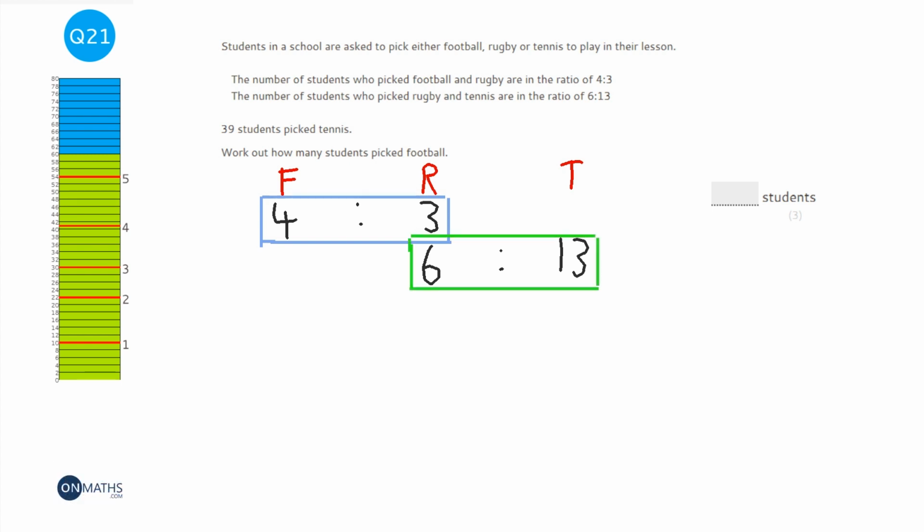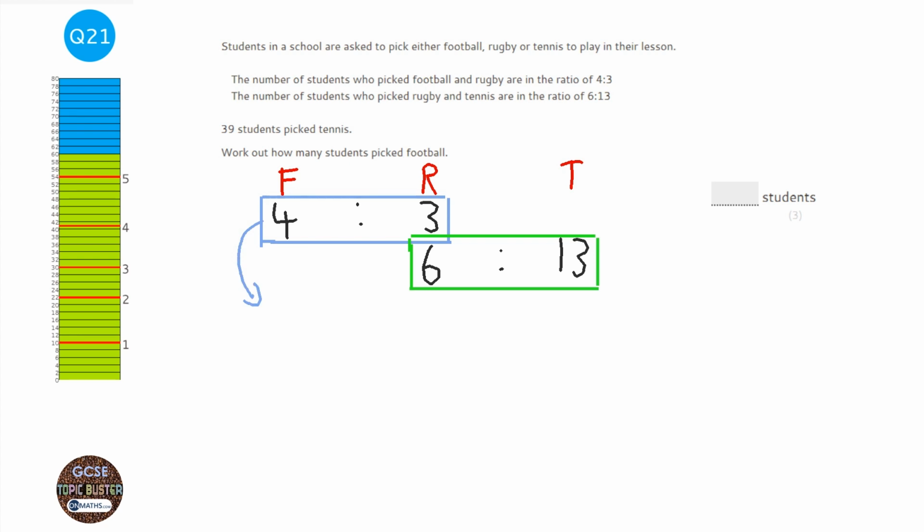What I'd like to be able to do is put the two together and make just one ratio. So if you notice from the one I've put a blue rectangle round, we've got the rugby as 3 parts of that, but in the green one the rugby is 6 parts of that. So what if I times both of these by 2?